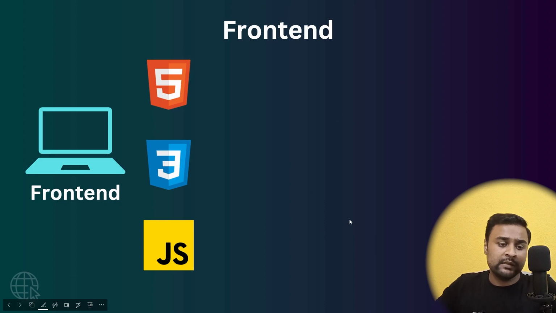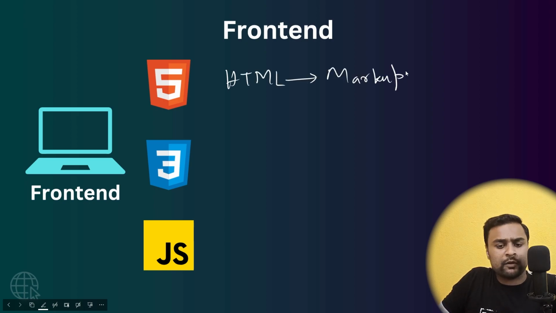Next up, in the front end, there are technologies like HTML. This is a markup language, and HTML is basically the structure of any website or web app. You can think of this as the bricks which actually build the building for you. Then there comes the CSS or cascading style sheet.